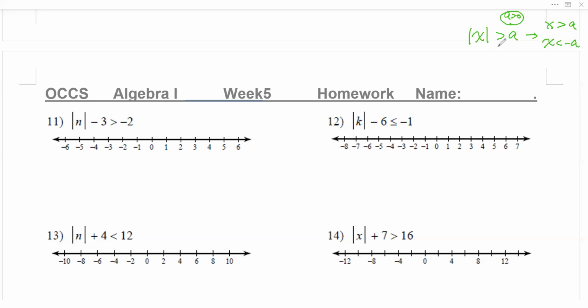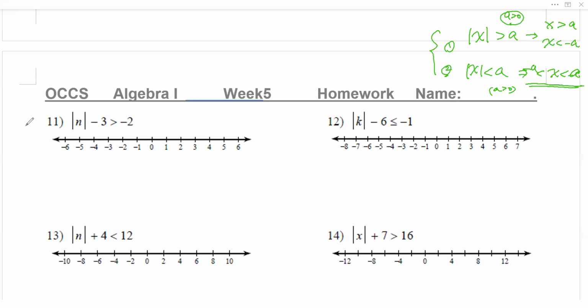Absolute value is definitely greater than a negative number. The second one is when |x| is less than a, the solution is x is in between a and -a. Of course, we consider a to be a positive number. So keep these two in your mind. You can always get a solution quickly.